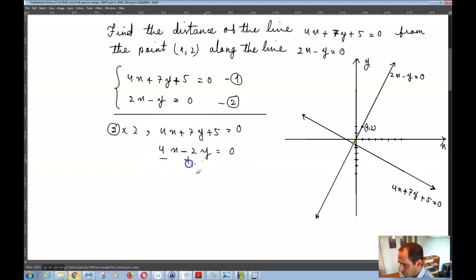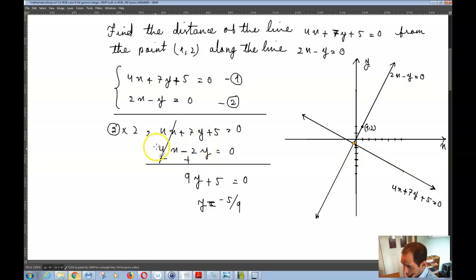Subtract this from this. These two will cancel out. 7y plus 2y is equal to 9y plus 5 is equal to 0, so y is equal to negative 5/9.